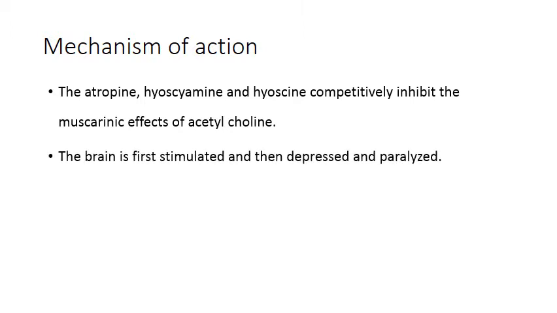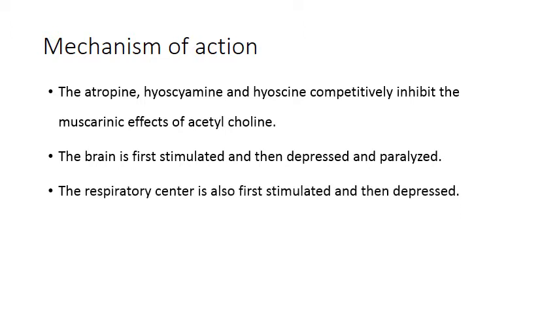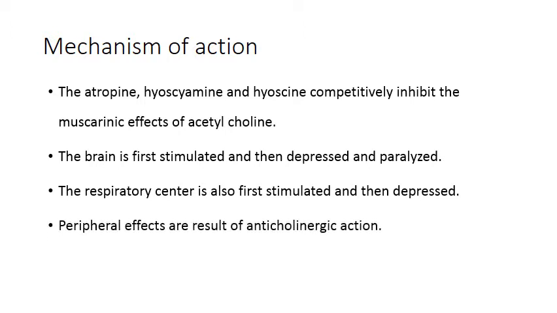So the brain gets stimulated first and then it is depressed and paralyzed by the effects of these alkaloids. Similarly, the respiratory system is stimulated first and then depressed. These alkaloids, atropine, hyoscyamine and hyoscine, also have peripheral effects which are mostly anticholinergic in nature.